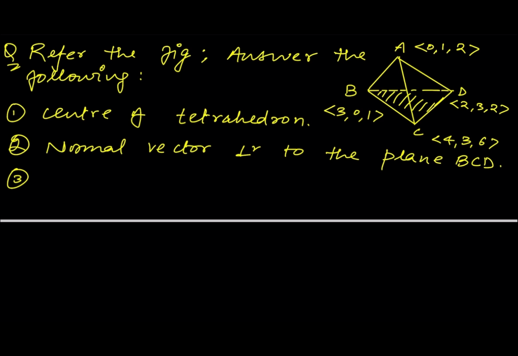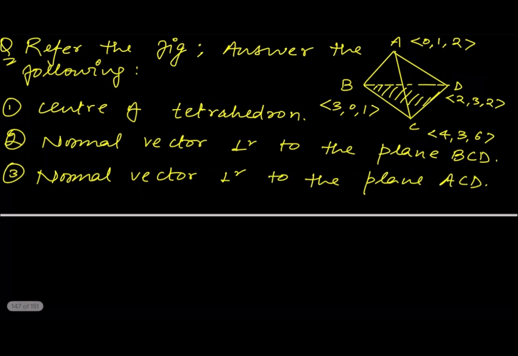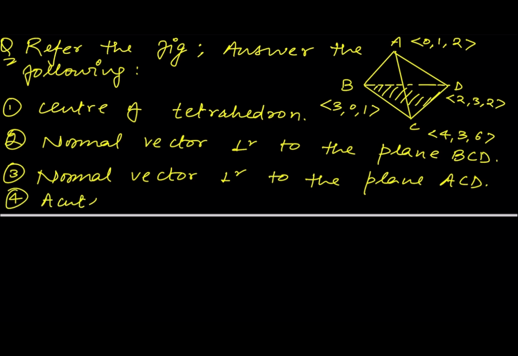Third, the normal vector perpendicular to the plane ACD. Fourth, the acute angle between the plane ACD and BCD.